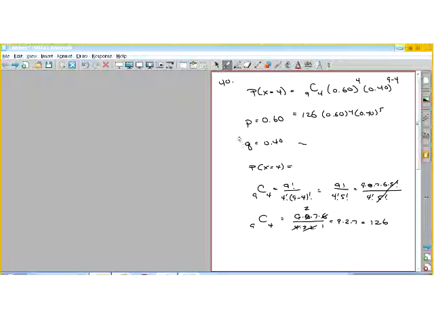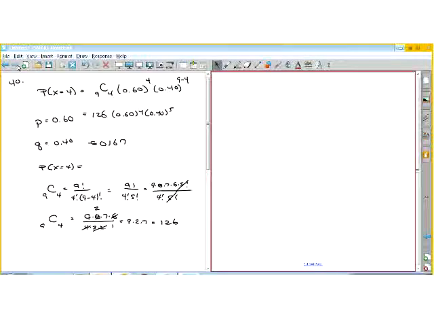I get 0.167. So that's the probability of getting exactly 4 out of the 9 to attend college, if the 60% is based on a large sample. What we're doing here is we're looking at a subset of that large sample.